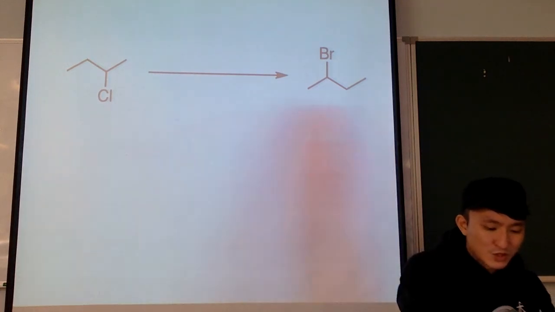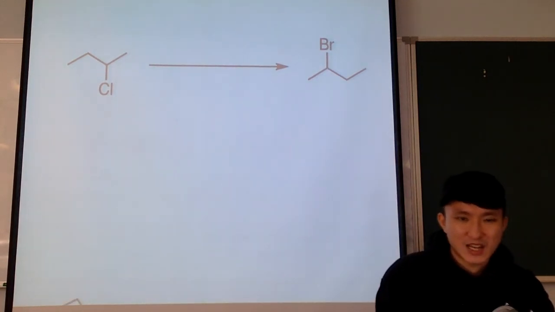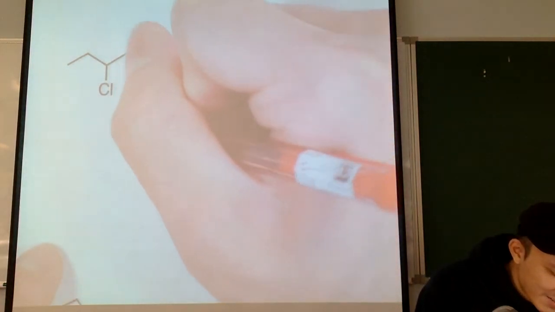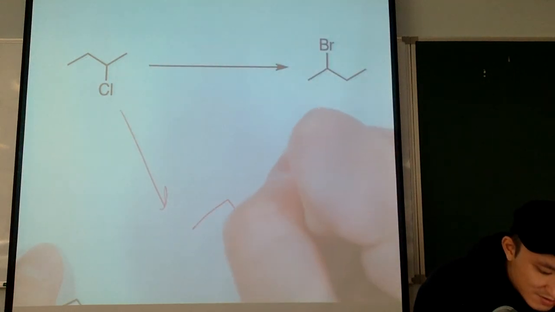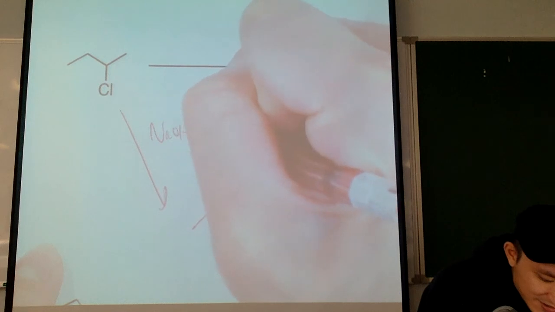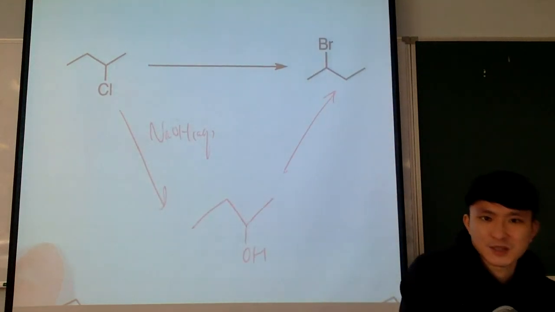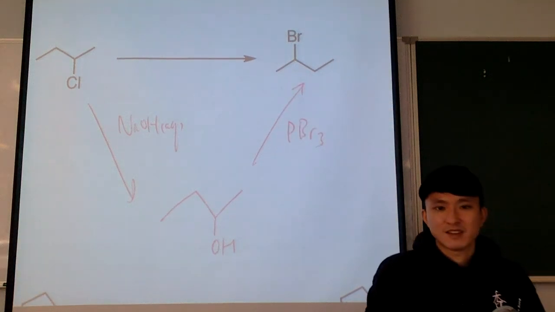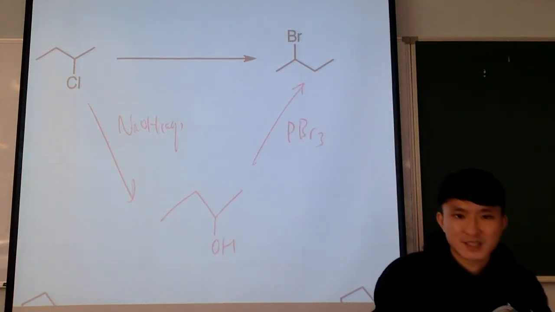So to do this, we need to change the halogen into alcohol and then change it back to halogen. You can change it into alcohol by doing a substitution reaction. Then you can substitute the alcohol by PBr3. Done. Okay? That should do it.